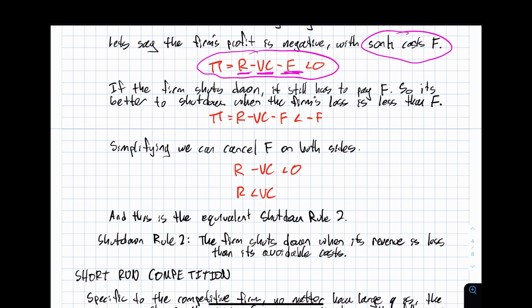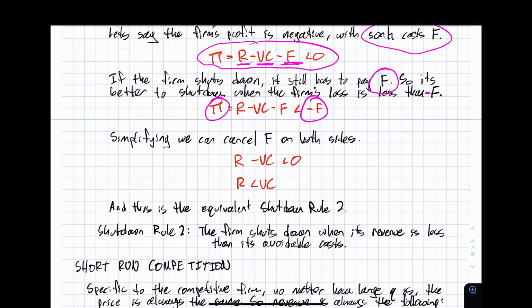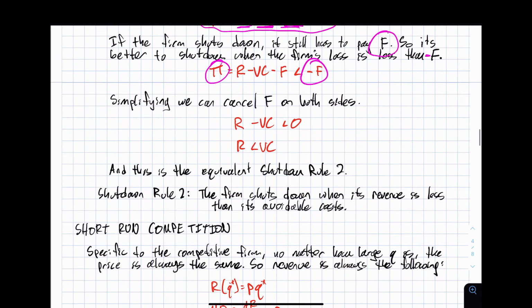So here, if we shut down, we still have to pay our sunk costs, F. So what we're saying is we should shut down if our negative profit is less than our sunk cost. And we really should say negative F. So this is our condition.